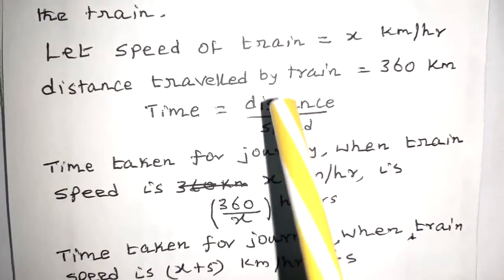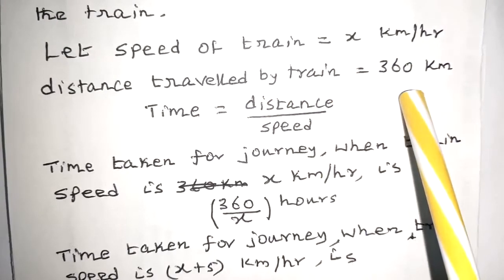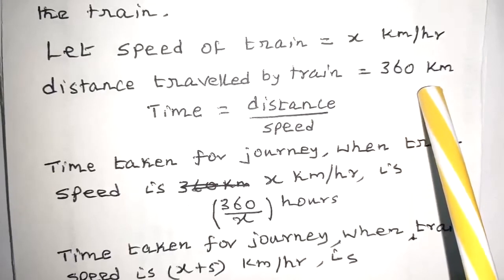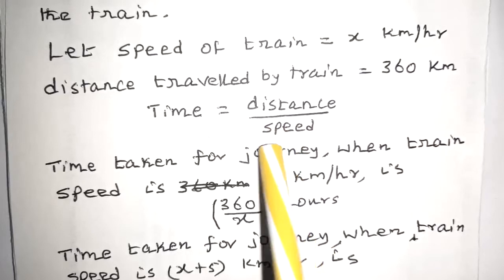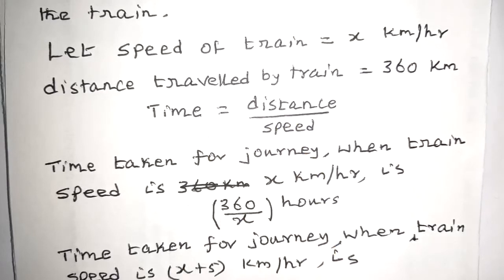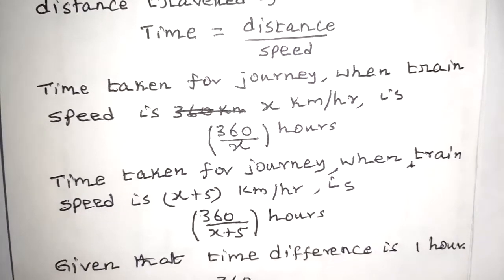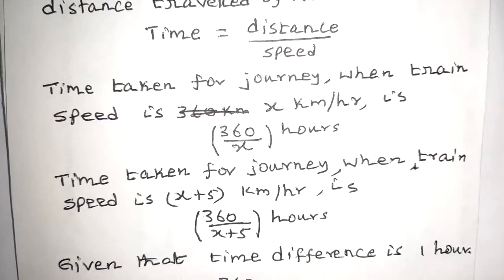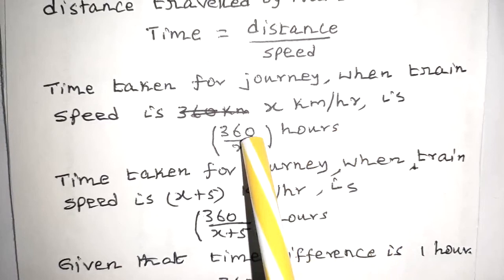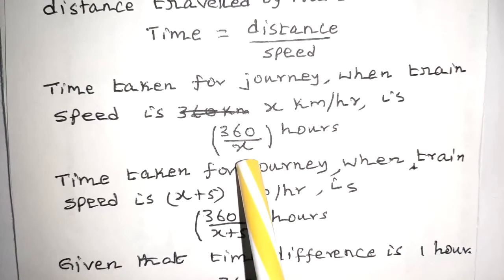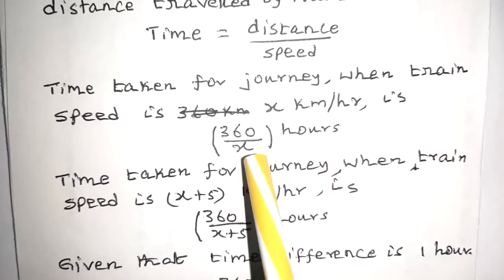Let the speed of the train equal x kilometers per hour. The distance travelled by the train is 360 kilometers. We know the formula, time equal to distance by speed. Now, the time taken for the journey when the train speed is x kilometers per hour is distance by speed, 360 by x hours.